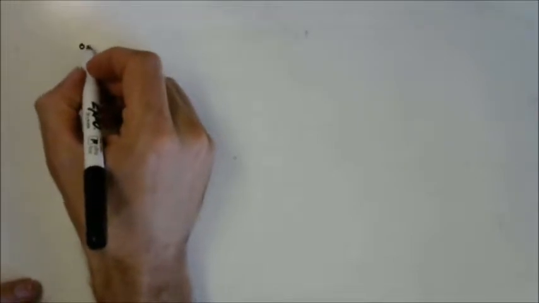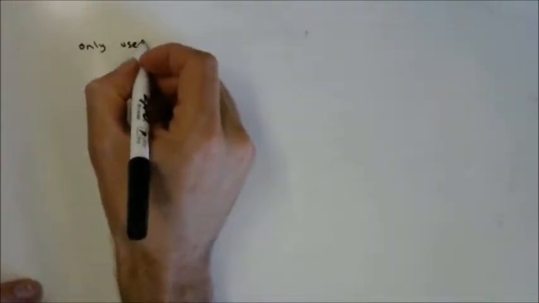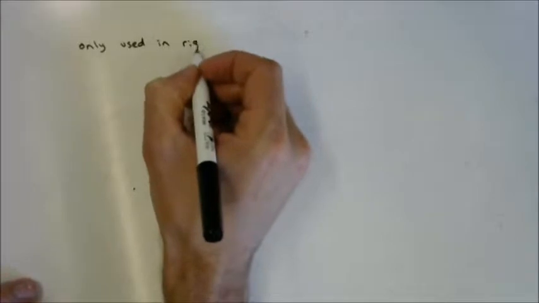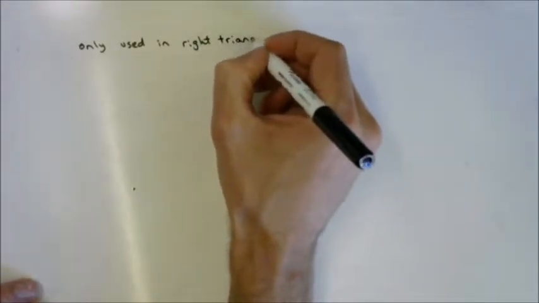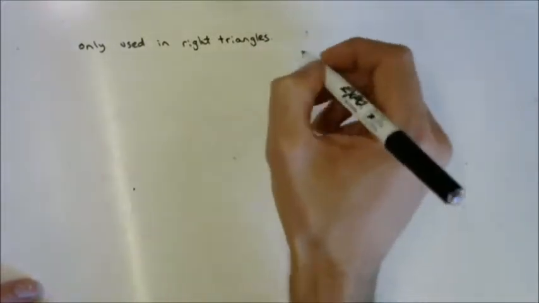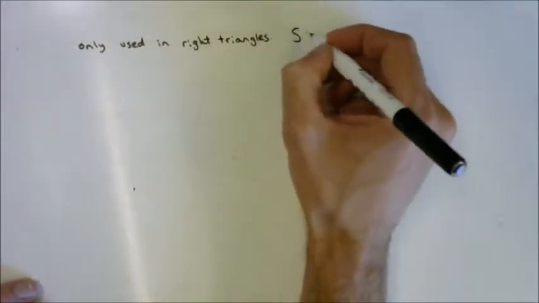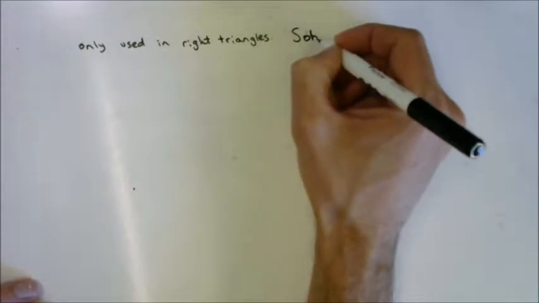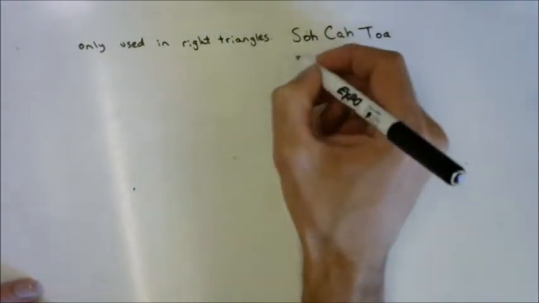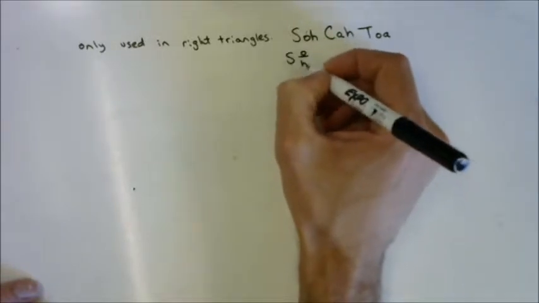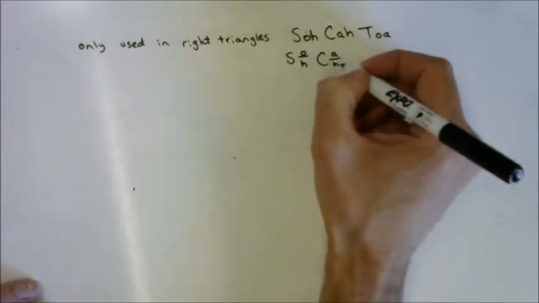The trigonometric ratios are also only used with right triangles, only used in right triangles. And they are represented by SOHCAHTOA, or I like to write them SOH CAH TOA.